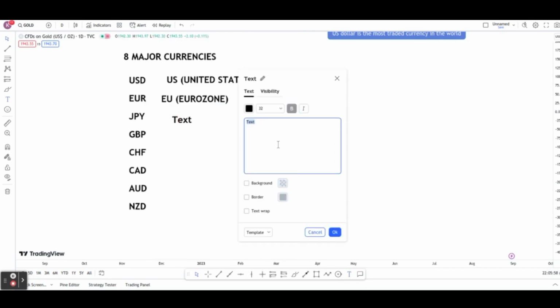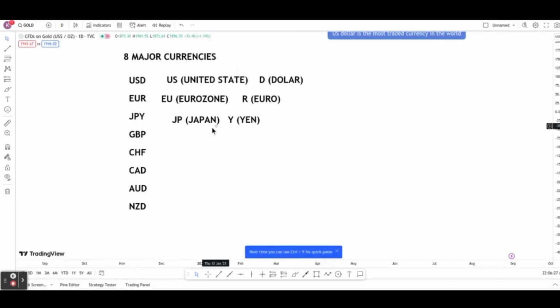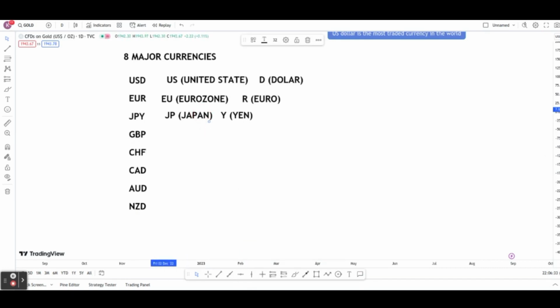So the JPY, the JP stands for Japan, while the Y stands for yen. They spend yen. So the GBP stands for Great Britain, and you know what they spend?